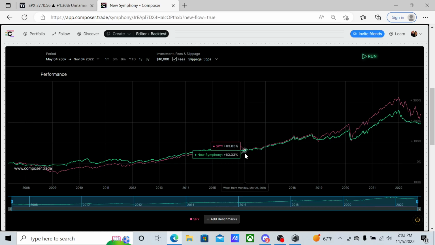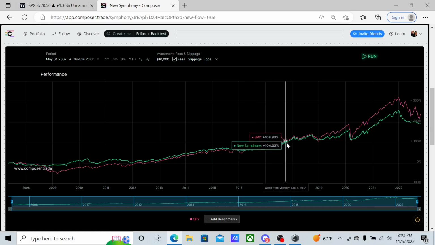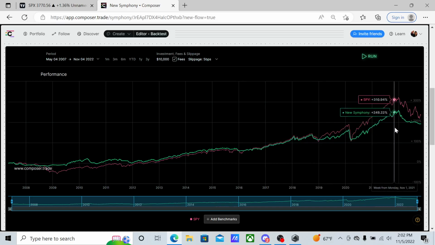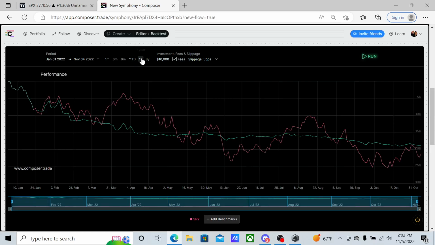And then even there, you stay pretty closely correlated all the way until about this year. So if we go to the year to date, actually we could just do a 1 year.